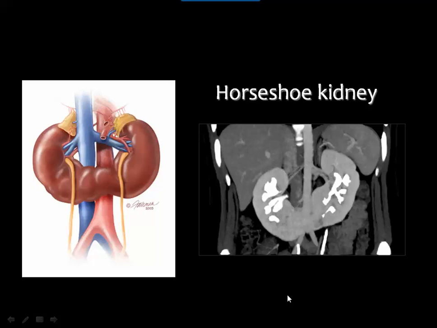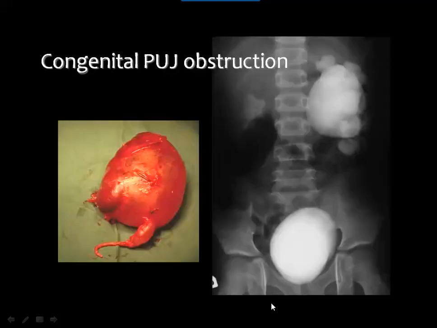Horseshoe kidney, as I have mentioned, is the fusion of both kidneys across the midline by functioning renal tissue or by scar, resulting in the typical flower vase configuration of the collecting system, which is usually malrotated.